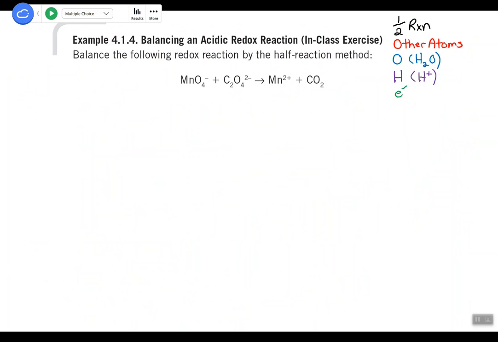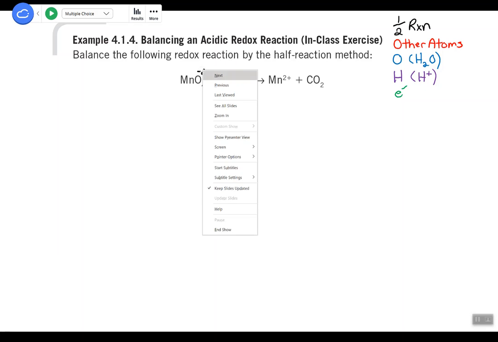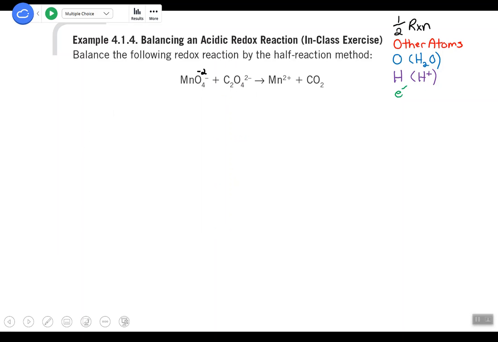So let's go ahead and balance this first equation. Step number 1, let's make sure we're not wasting our time. Let's assign oxidation numbers here. Oxygen is going to have an oxidation number of -2. There's 4 oxygens there. That brings me to -8.